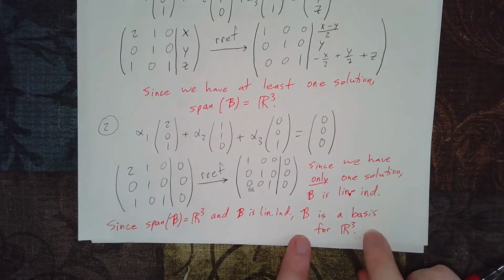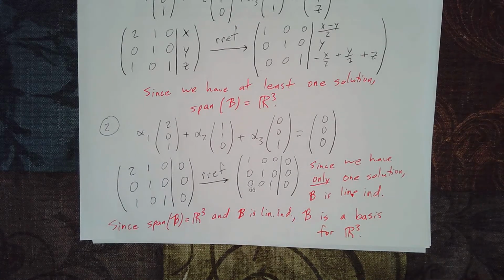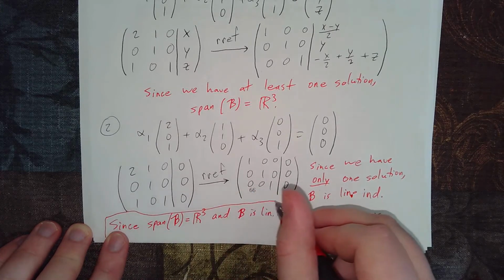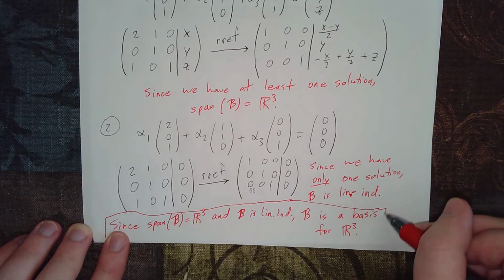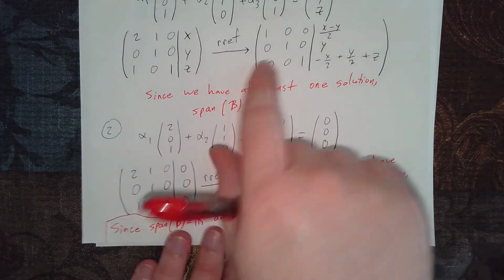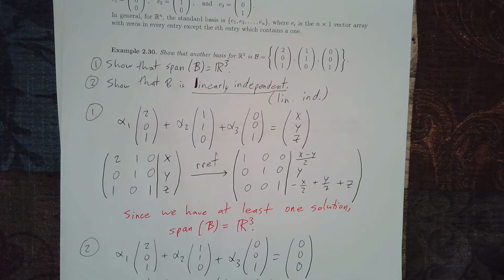So this is what we were looking for. We wanted to show both of these things so that we could show that we did have a basis for R3. This was our big thing that we wanted. And with it being a basis, we could use those three vectors that we had before in order to write and describe any of the other vectors in R3.